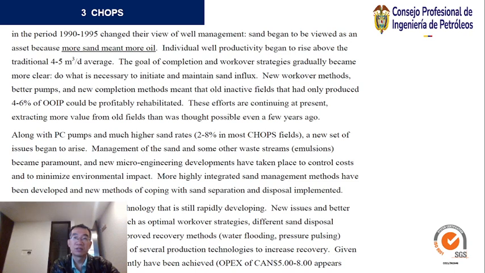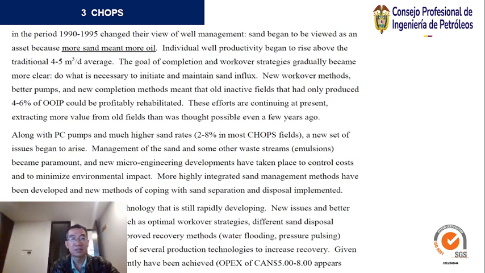Sand began to be viewed as an asset because more sand means more oil. Individual well productivity began to rise above the traditional average. The goal of the completion and workover strategy gradually became more clear: do what is necessary to initiate and maintain sand influx.